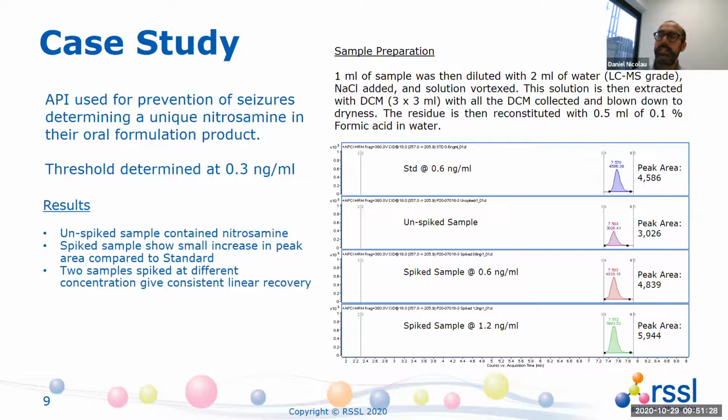In addition, as I described earlier, we were able to utilize the concentration advantage, where we initially used 1 mL of sample, but the final solution volume was only 0.5 mL, therefore concentrating the nitrosamine twofold.